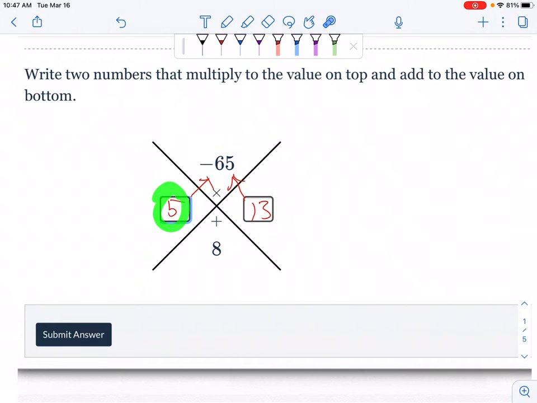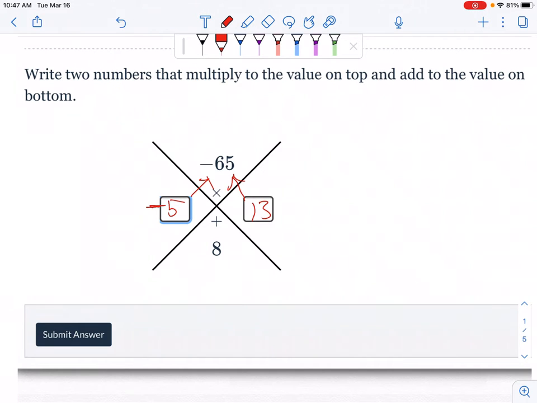So to figure out which one should be negative to make this negative 65, I'm going to look down here at my 8. And my sign here is positive 8. So the bigger out of my two numbers here needs to have the same sign as my bottom. So what's bigger, 5 or 13? 13 is bigger, so 13 needs to be positive. So that tells me my 5 is what's going to be negative.